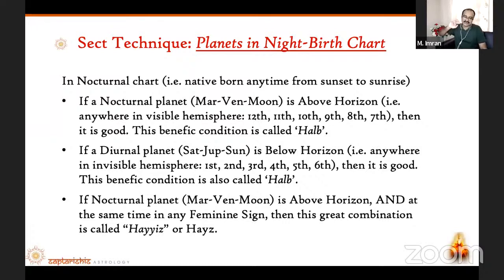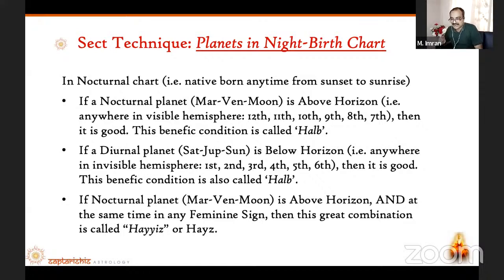In a night chart, for anybody born at night, what about Saturn, Jupiter, and Sun? They should be in invisible houses, right? In the second, third, fourth, fifth, or sixth house, anywhere. It is better to have Jupiter in an invisible house rather than a visible house in a night chart.